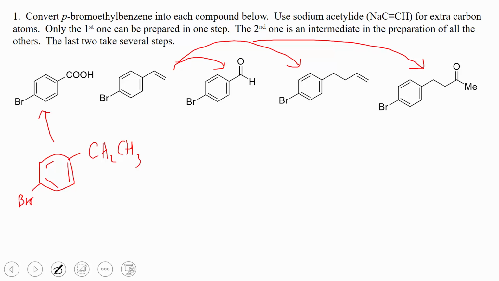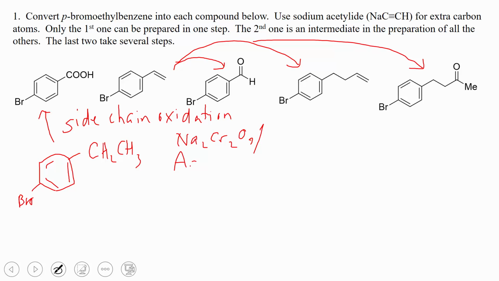Okay, so let's look at this first transformation. How are we going to turn the ethyl group into a carboxylic acid? This is just a side chain oxidation. That's typically accomplished with sodium dichromate, aqueous sulfuric acid, and heat.